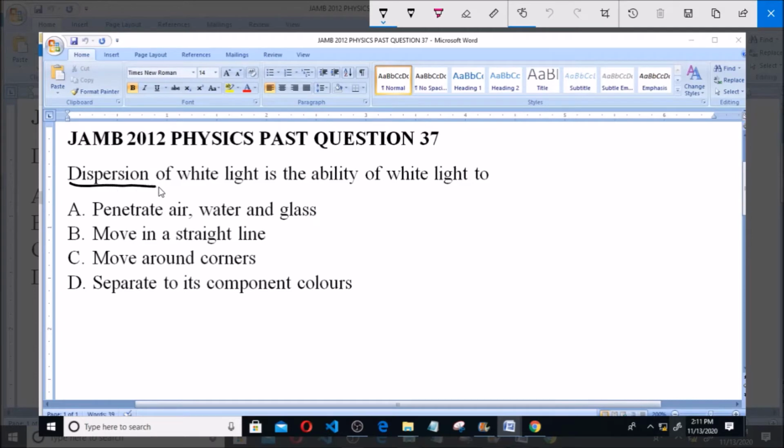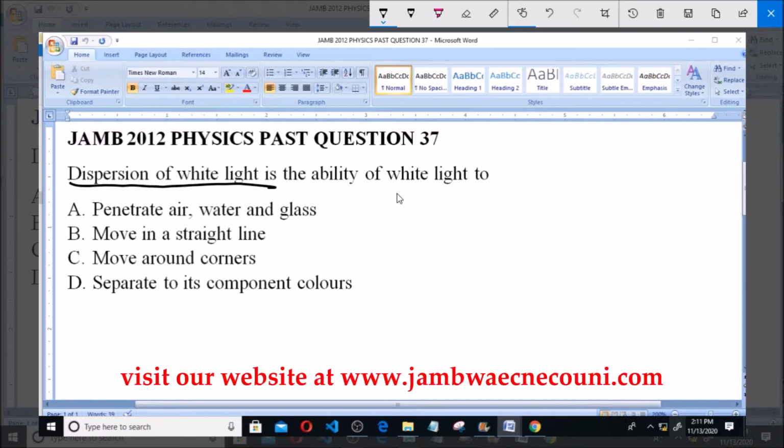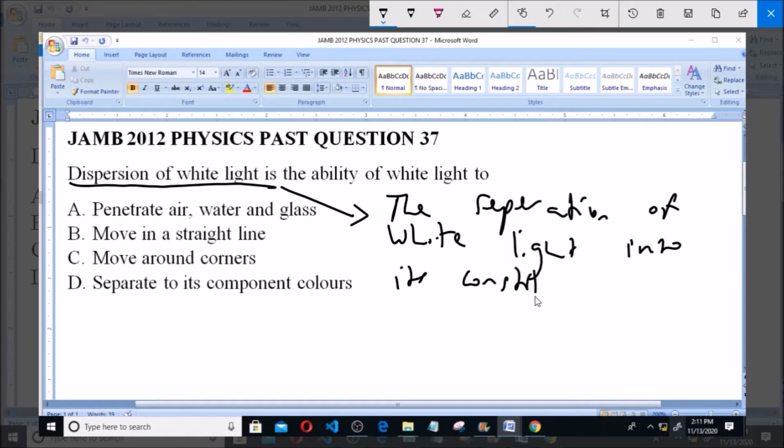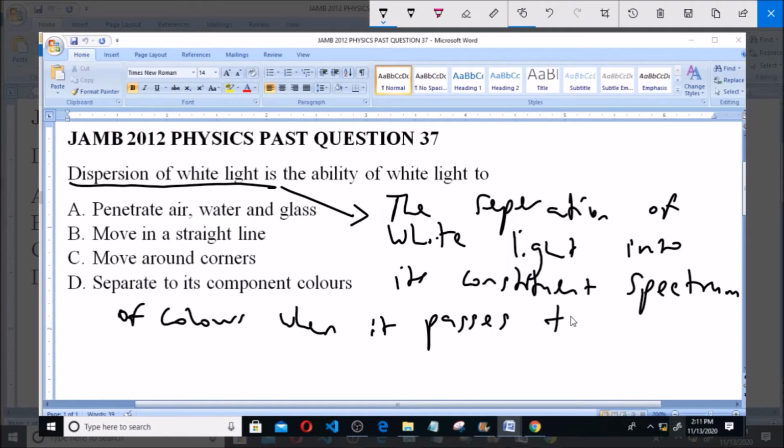Now the concept we are looking at here is dispersion of white light, and dispersion of white light is defined as the separation of white light into its constituent spectrum of colors when it passes through a glass prism.